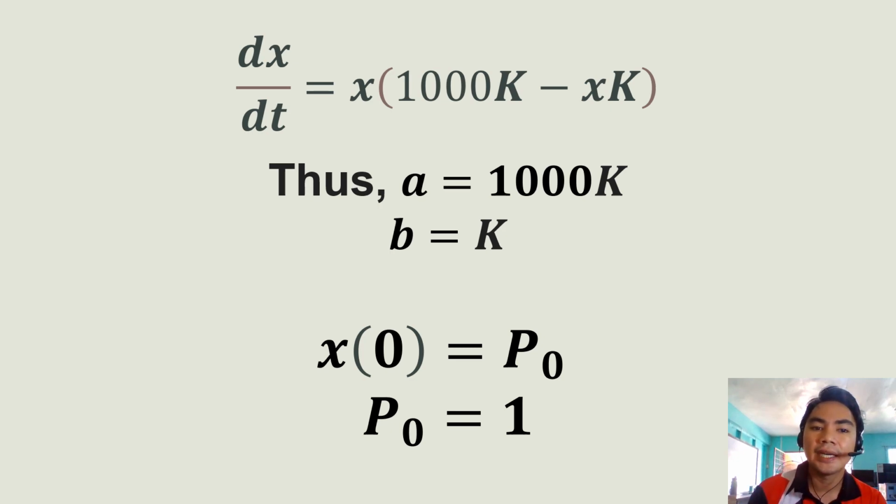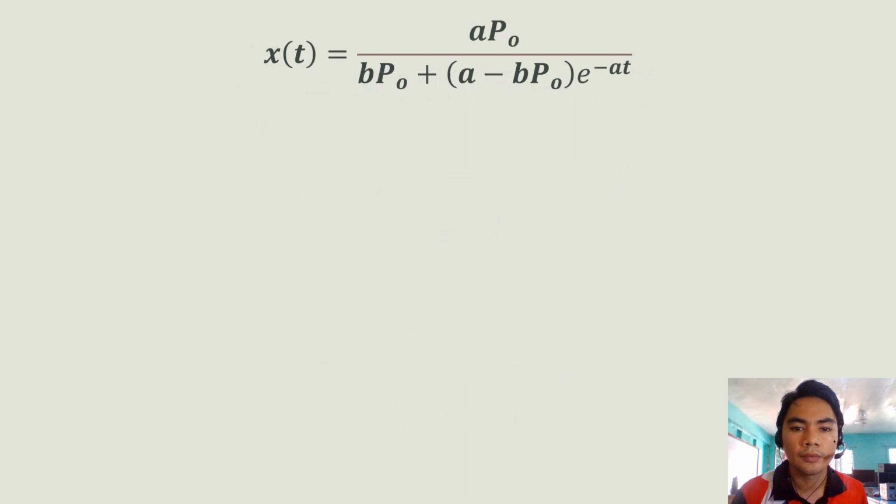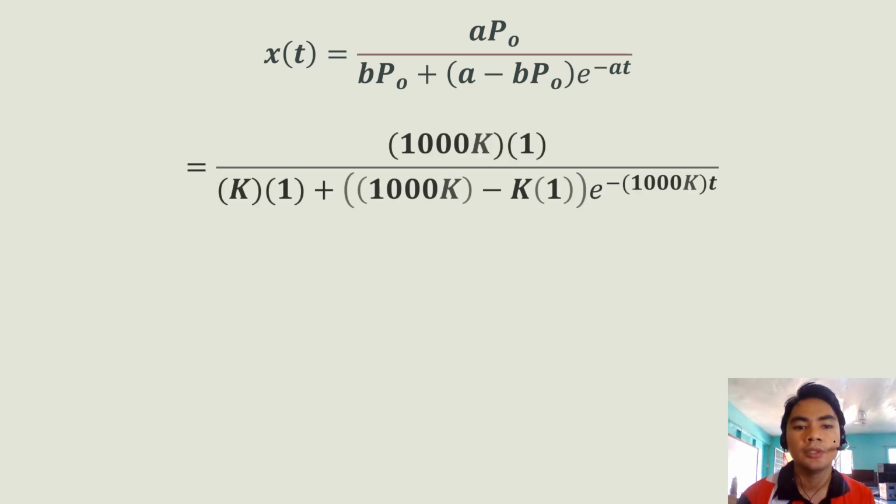Right, now this time to have the solution, considering the problem, let us substitute the value of our A and our B. And now let's have this solution and substitute the values of our A, B, and P sub 0. So we have the value of our A, 1000K, and our P sub 0 is 1, and B is equal to K.